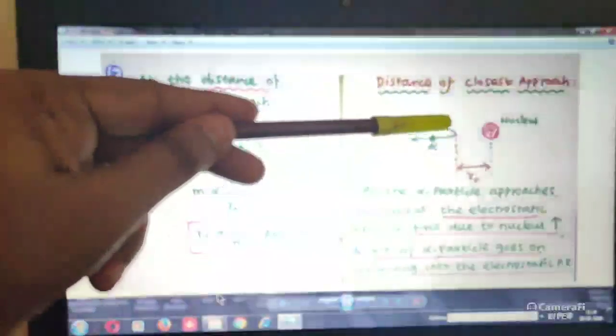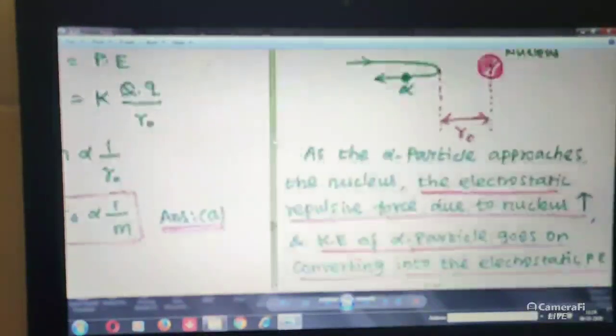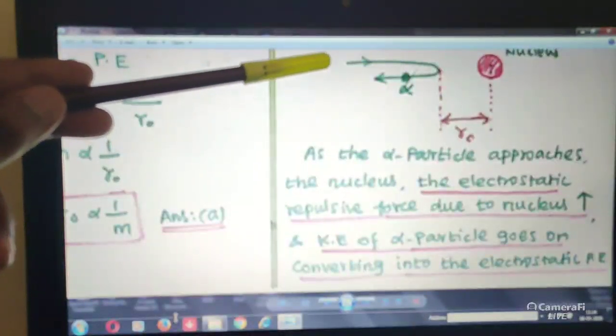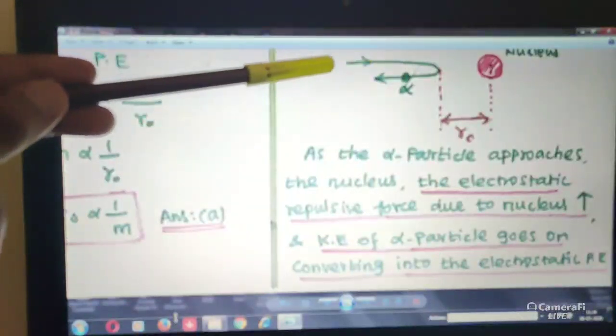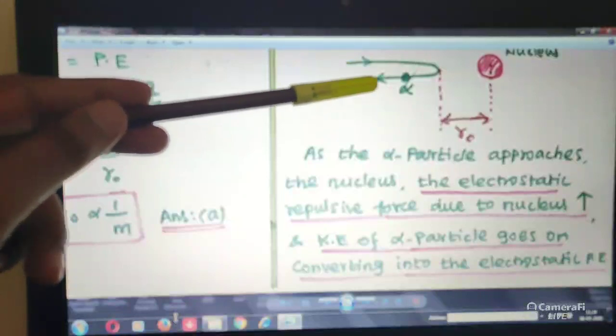Now in this position, what happened? That is a very important point. The alpha particle moves towards the nucleus with high kinetic energy.